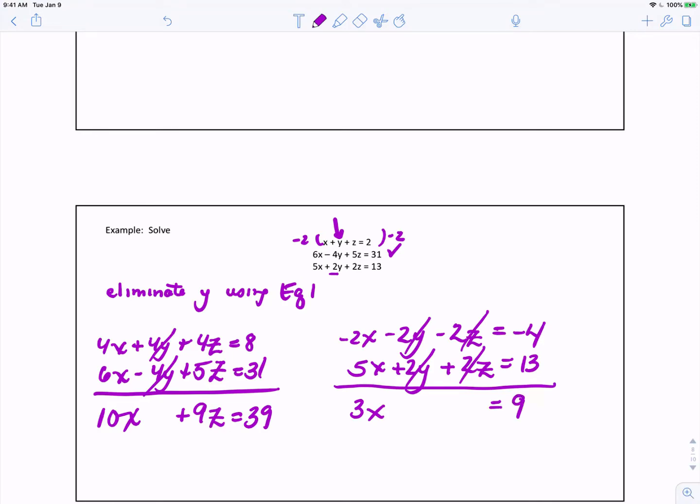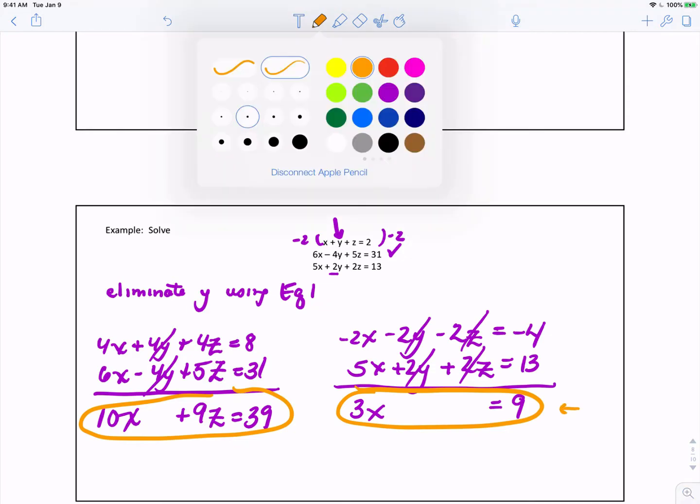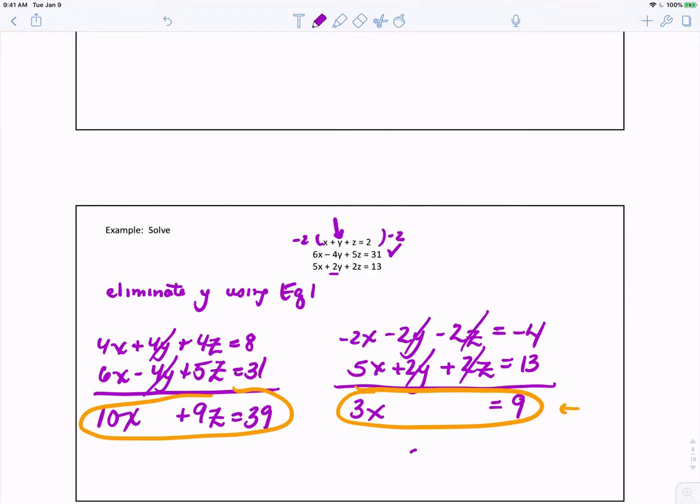Now, normally at this point, what we have are 2 equations, our first result and our second result. And usually we have 2 equations with 2 variables in them, which then we would approach like we did in section 9.1, solve the system. We lucked out in this one with this approach because notice that the second equation only has 1 variable, so we can automatically go ahead and solve that. So if we solve that, now we know that x is equal to 3.